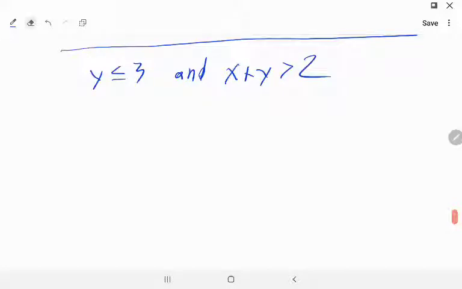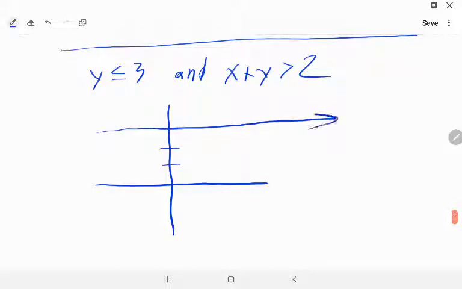We're looking at the line y is equal to 3, and we're looking at the line x plus y is greater than 2, so that's going to be the same thing as y equals -x plus 2. So a y-intercept of 0, 2, and a slope of -1, down 1 over 1, up 1, back 1.